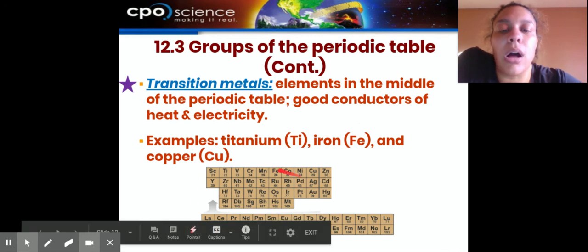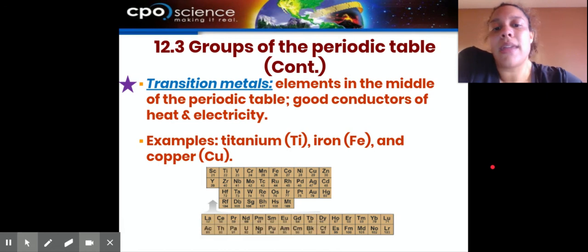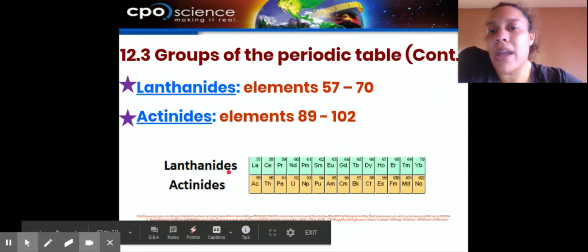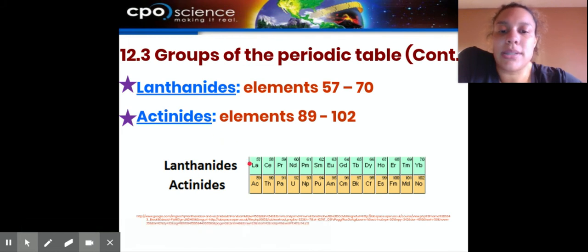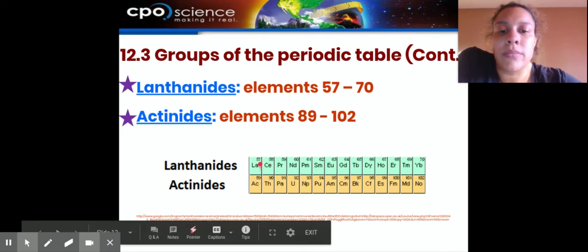So they are all called the transition metals. Even the two that go down towards the bottom, those two rows, they're also known as transition metals. They can be labeled as rare earth metals, or they might be called lanthanides or actinides. And that just is labeled after the first element in their period or row.